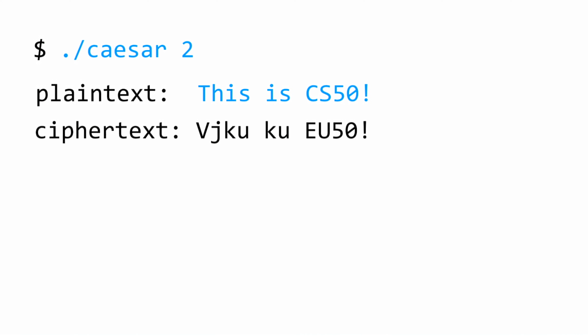And likewise, a character that's a lowercase letter in the plain text is also a lowercase letter in the ciphertext. And any character that's not an alphabetical character at all, so things like spaces or numbers or punctuation marks, those don't change. The spaces stay spaces, the 50 stays 50, the exclamation point stays an exclamation point. Only the alphabetic characters are changing.